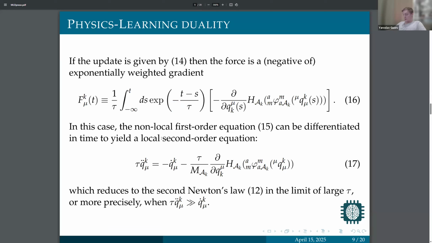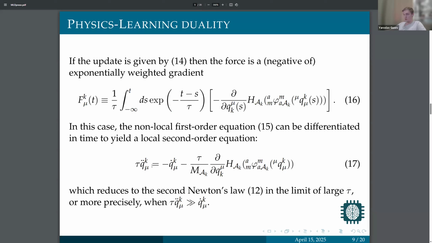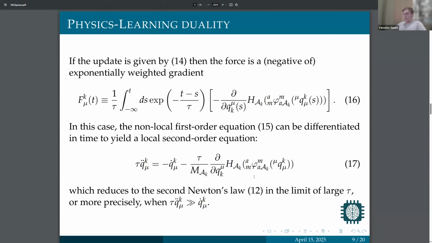And then if you differentiate equation 15, the gradient descent, once again in time, you will get equation 17. This is the second order equation, without f. This way you can get rid of f, and get equation 17. To get Newton's law, you need to consider the limit of large tau.